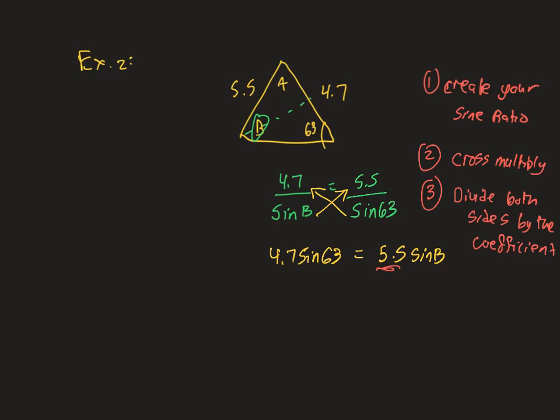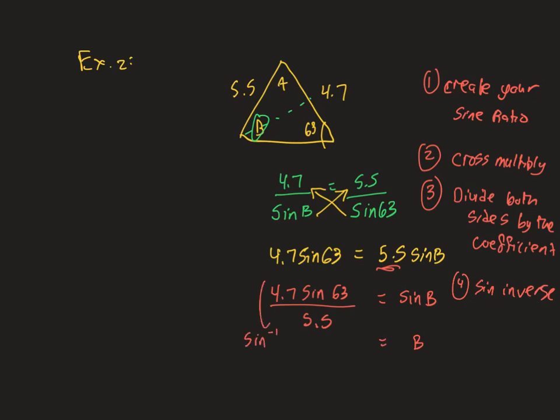So you're going to have here 4.7 sine of 63 divided by 5.5 is equal to sine b. And then finally, take the sine inverse. Okay, so b should be sine inverse of this thing, basically.